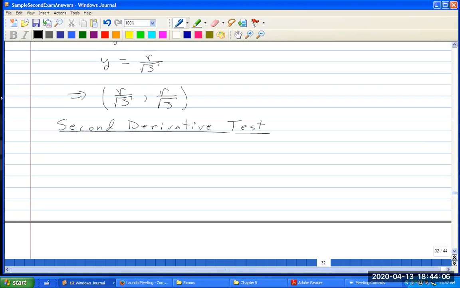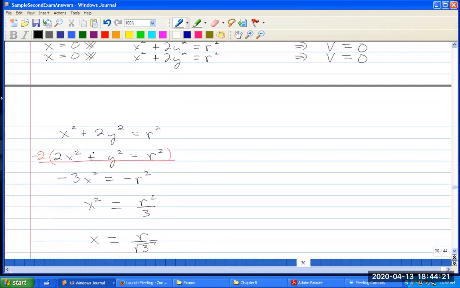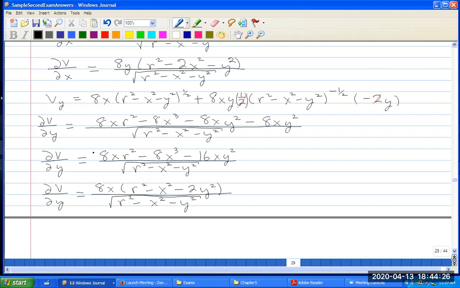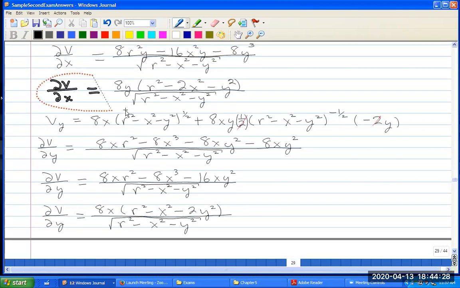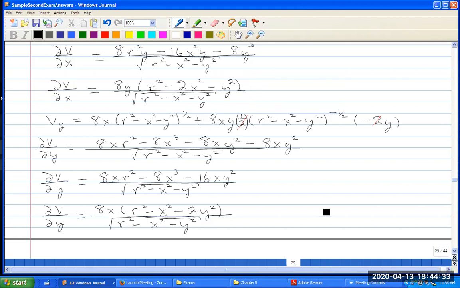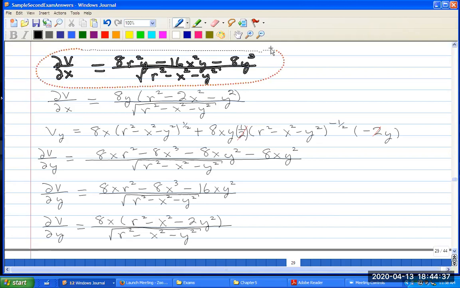So let's do that. So let's take the partial of v with respect to x. Let's see what the partial of v with respect to x is. Just want to be sure.